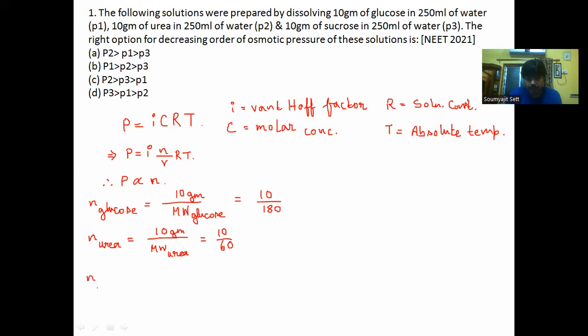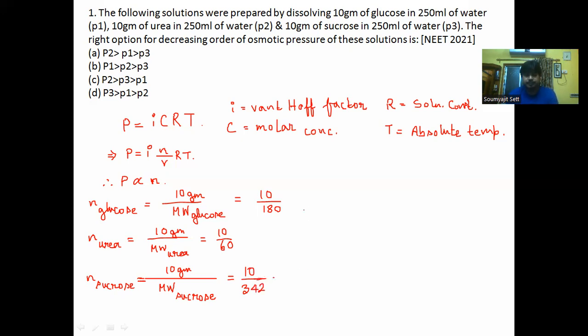Here, number of moles of sucrose, that is 10 divided by molecular weight of sucrose, is 10 by 342.